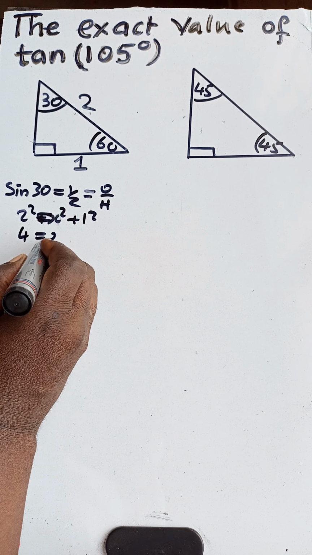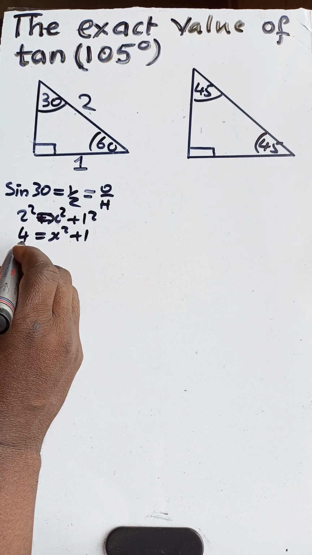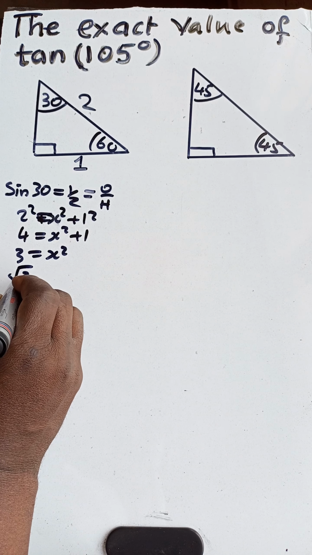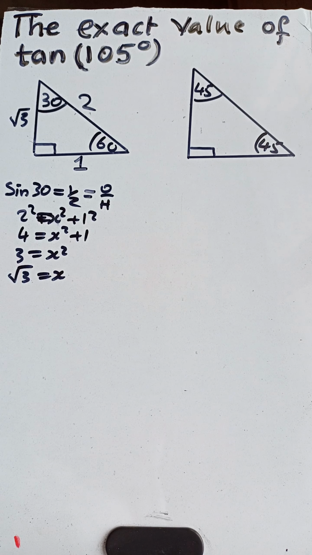So we'll have 4 is equal to x squared plus 1. When we subtract 1 from both sides, we have 3 is equal to x squared, and so root 3 is equal to x. So this other side is root 3 by the Pythagoras theorem.